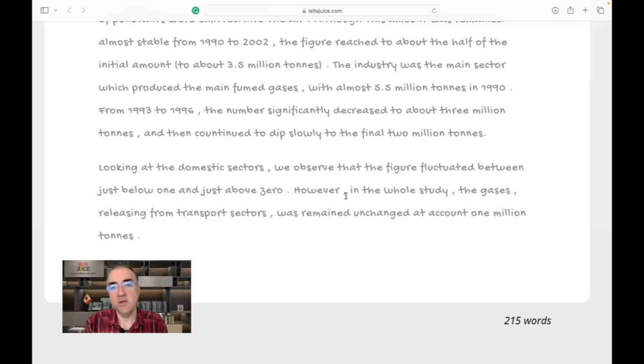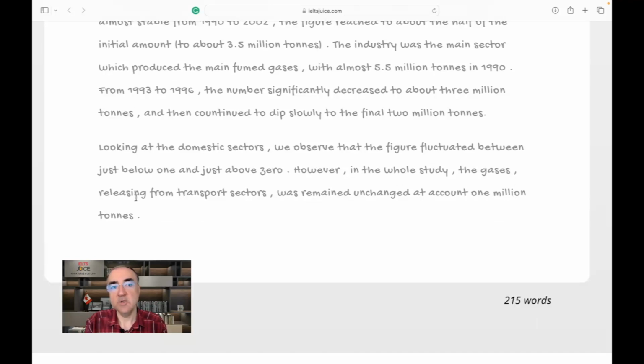However, in the whole study, the gases released from transport sectors, again, remained unchanged at about 1 million tons. Okay, good.